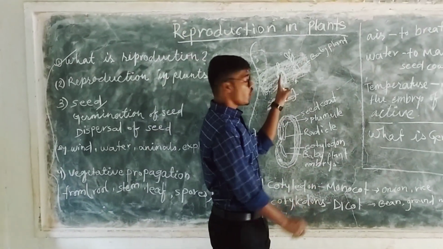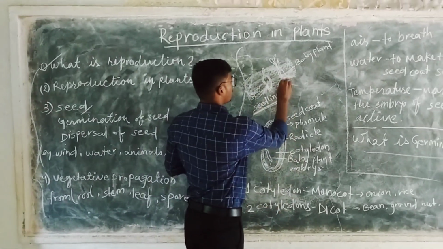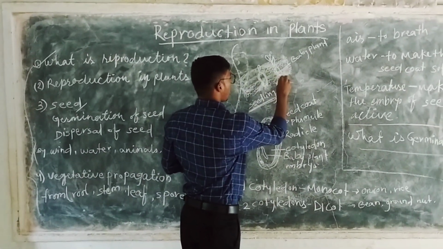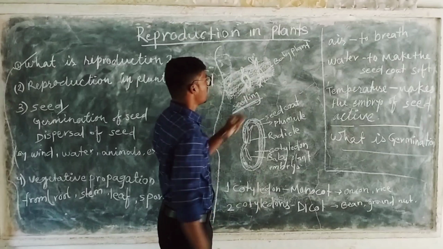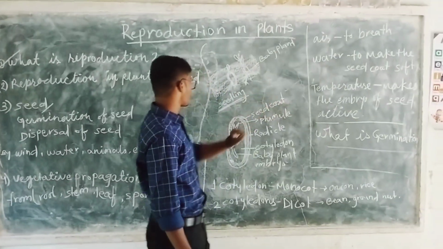And when the seed starts to grow with roots and leaves, it becomes a baby plant. It is also known as embryo.